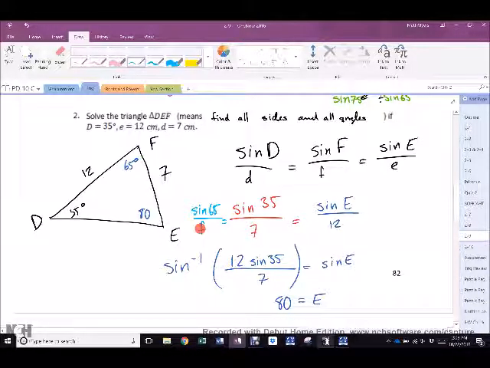You cannot do Pythagoras on a non-90 degree triangle. You will multiply 7 by sine 65 and divide the answer by sine 35. And that will get you little f, which I drew looking like a 9. F. And of course, you will do that on your calculator and get what?